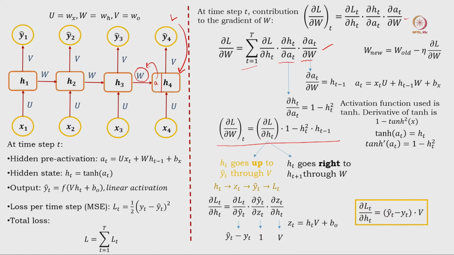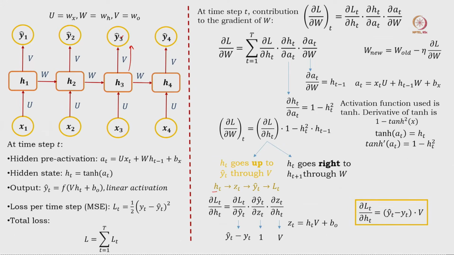When you take this term, it has an impact where one is going up and the second is going right. Let me erase so that you will be able to understand. When it is going up, what is the formula? In general, it is H_t.